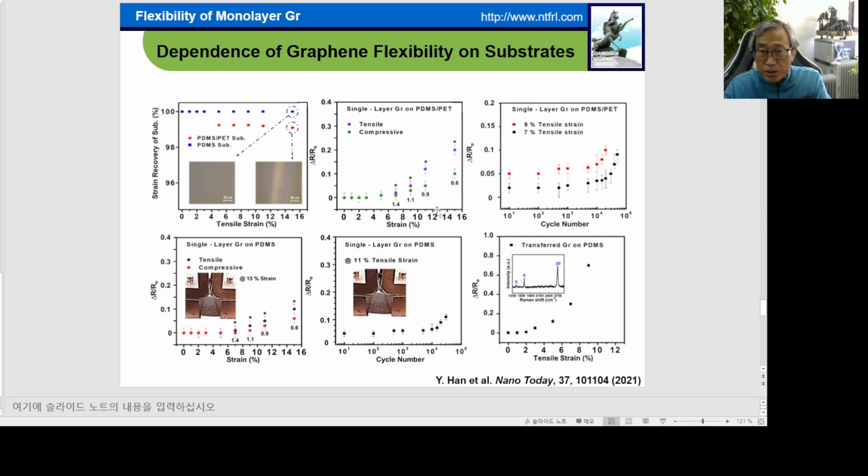You can see that the normalized resistance change is below 10%, almost 11%. You can see that almost 50,000 cycles are stable at 9% and 7% tensile strain. But in this case, single layer graphene on PDMS at 15% strain is very stable.